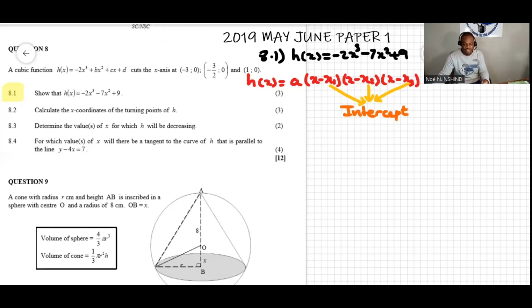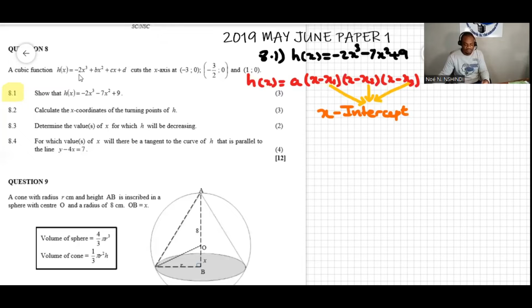To be more precise, x-intercepts. We are going to substitute these values into the function, and the a is the leading coefficient, meaning the coefficient of the variable with the highest exponent, so negative 2 is a.